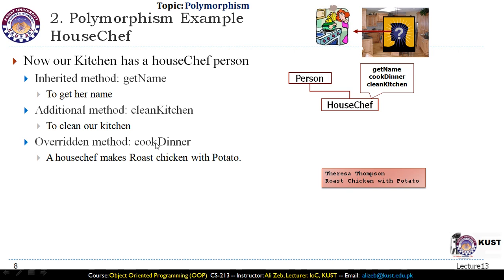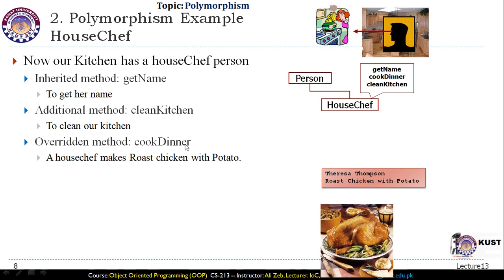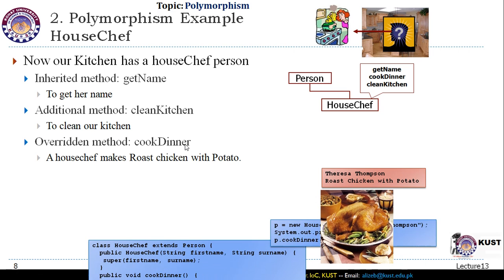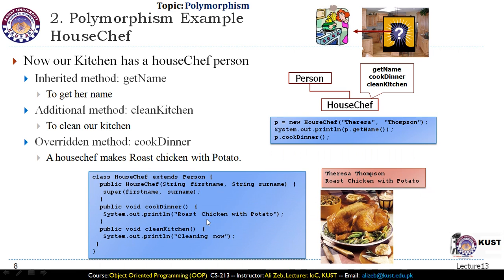The overridden method in this case is the cookDinner method, and as you can see, the house chef extends the person class. There is a constructor that is initializing these two variables, and we can see that the variables have been passed to the constructor of the super class.